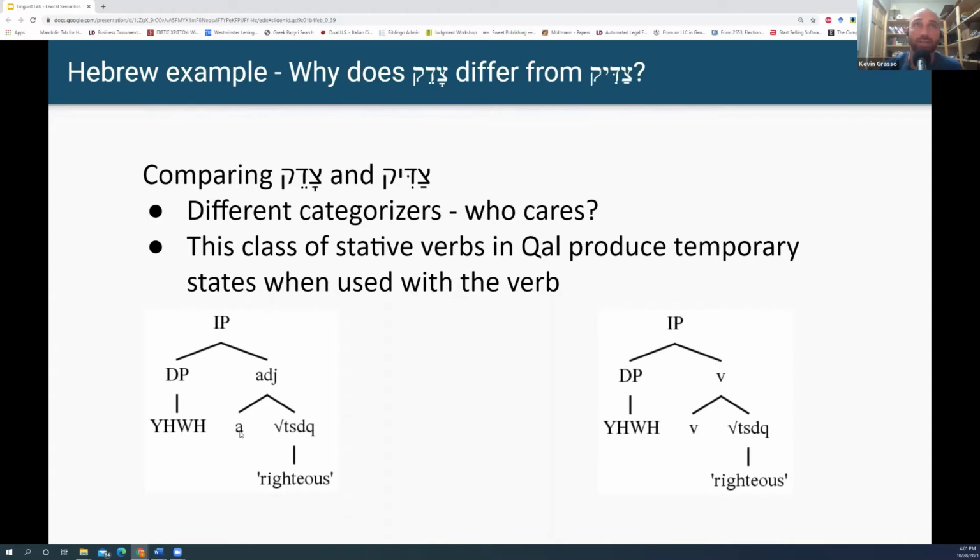Part of the thing is that there's a massive amount of literature on this distinction between temporary states and permanent states. They're called stage level predicates versus individual level predicates. Those are the two terms. There's a guy named Gregory Carlson who introduced these terms in 1977 in a dissertation he wrote. Massive amount of work done on it.